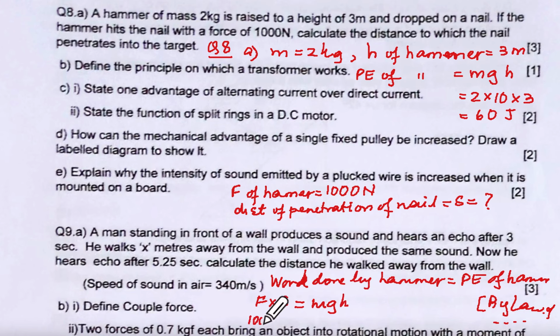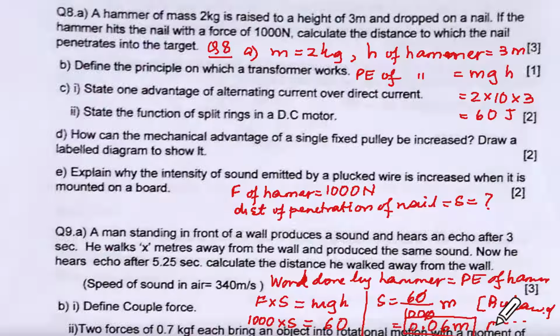So 1000 into S is equal to 60 joule. So S will be equal to 60 upon 1000, those many meters, 0.06 meter. That means 6 centimeter, but you keep it in SI unit. Okay, right over there, the distance of the nail.